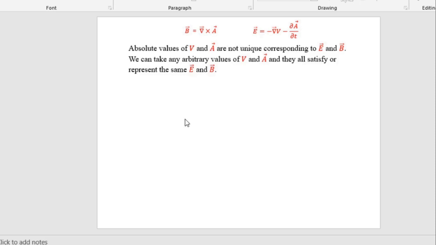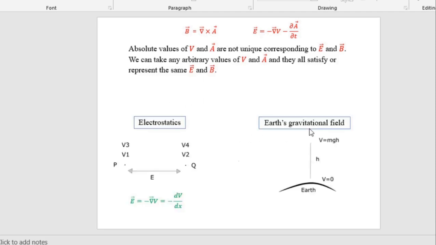For example, let us consider the electric field and the electric potential in electrostatics. So let us consider the electric field E between two points P and Q. Suppose the potentials at these points are V1 and V2.